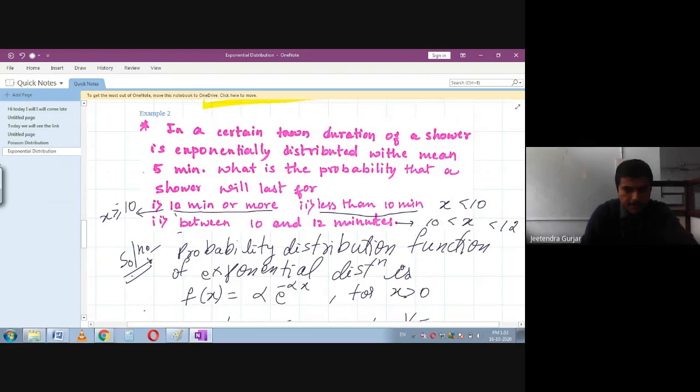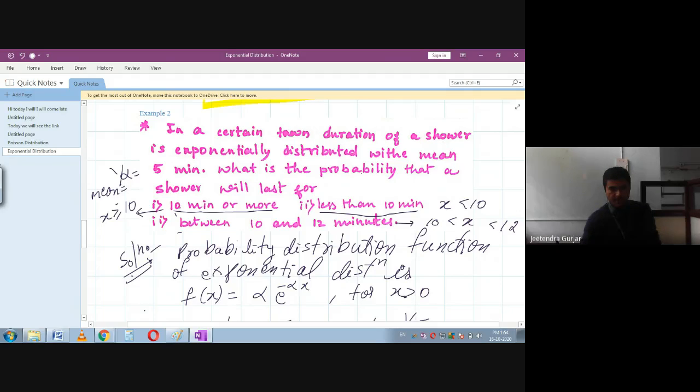What is given? Mean is given, that is 1 upon alpha, that is our mean. 5 is given. So remember this, immediately you will get what is alpha. Alpha will become 1 upon 5.